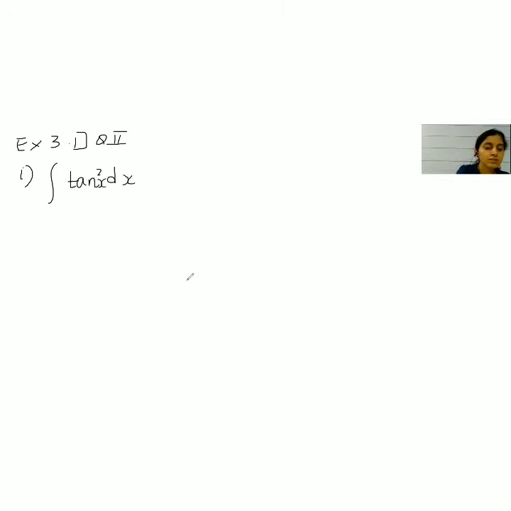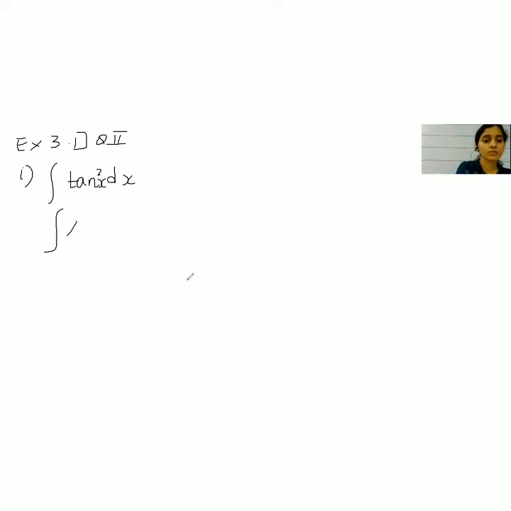Tan square x dx. When we did the integration formulas in the previous session, we did not have any formula for tan square. If you remember, we had a formula for sec square x dx. So we are going to convert this into sec square x. We have an identity for tan square: 1 plus tan square x is sec square x.